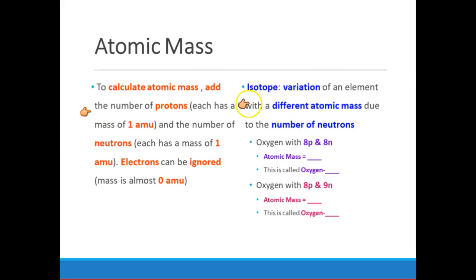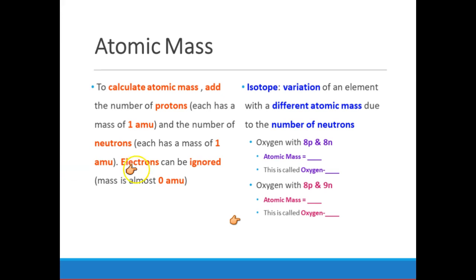Now, here's the thing. We can have elements that are the same element, but they have different masses because of the number of neutrons. If I were to change the number of protons, would they both still be oxygen?